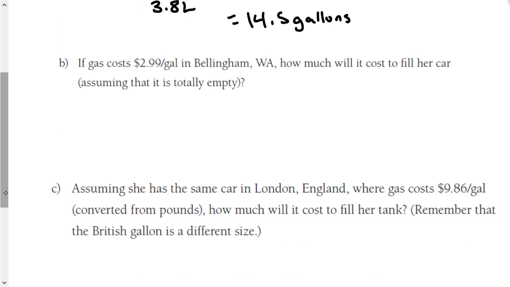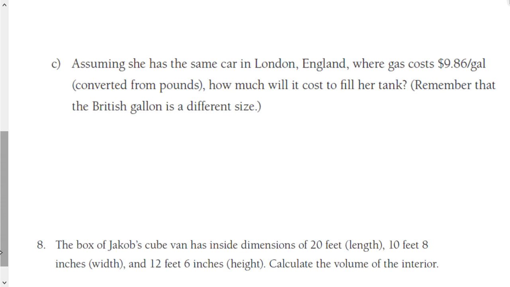If gas costs $2.99 per gallon in Bellingham, how much will it cost to fill her car, assuming it's totally empty? 14.5 times 2.99, which is $43.36. Assuming she has the same car in London, England, where gas costs 9.86 per gallon, how much will it cost to fill her tank? So remember that our British gallon is different.